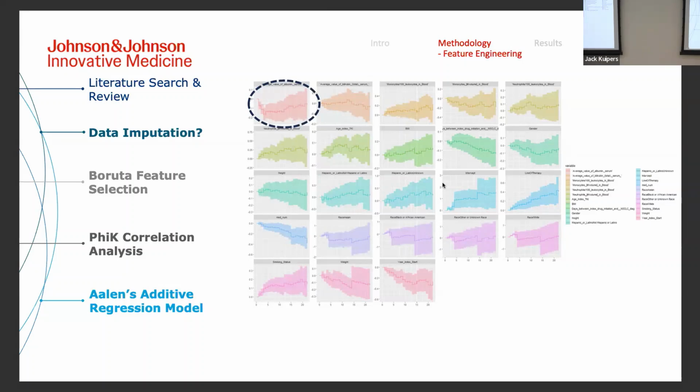But if you do have varying effects, for example, the effect starts off negative and then goes to positive, we see that we cannot use, for example, a Cox proportional hazard model because the assumption of proportionality would be violated. So I did not get much help here because Gen AI still suggested to use a Cox model, which I think is the wrong approach, just because we do see time varying effects here.